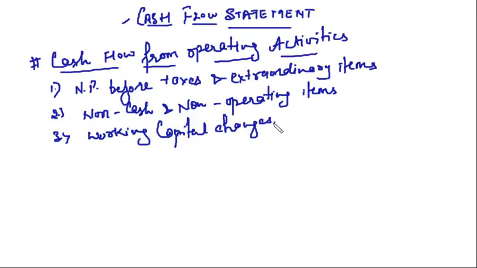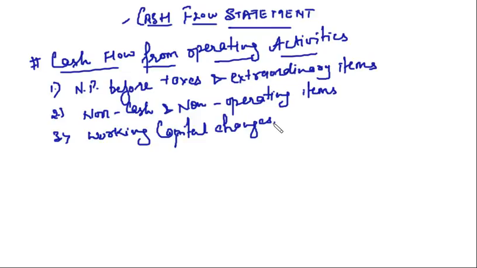So whenever you get a question in exam, first of all, identify the items which will fall in the first, second and third category. Which item is directly related to net profits, like proposed dividend, interim dividend, provision for taxation, extraordinary items.